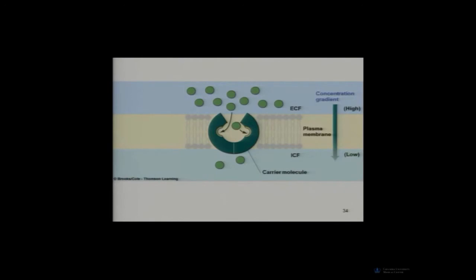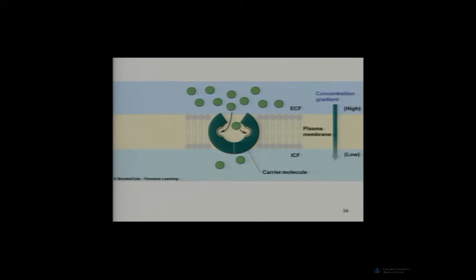Okay? And in the case of carrier proteins, the protein structure is such that the binding site for the substance is either facing one direction or facing potentially both directions, but it's only going to carry the substance from an area of high to low. So this protein is sitting in the membrane.